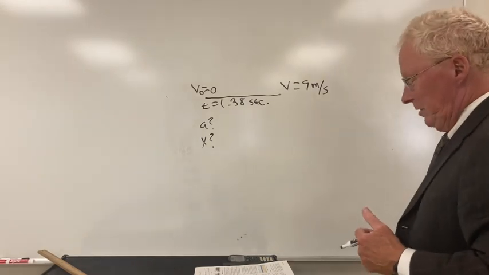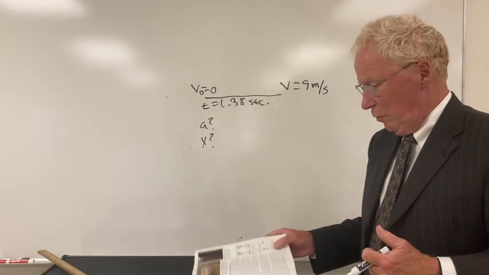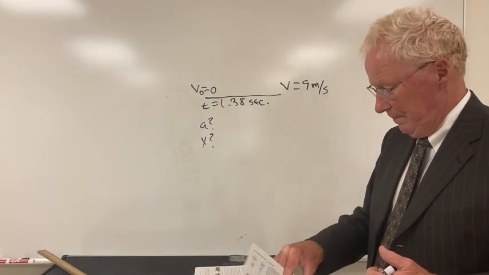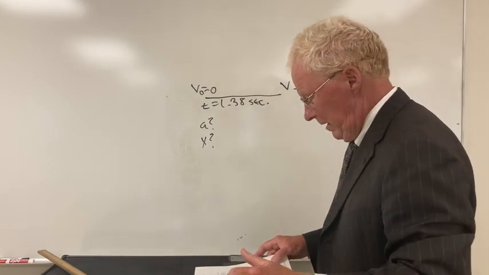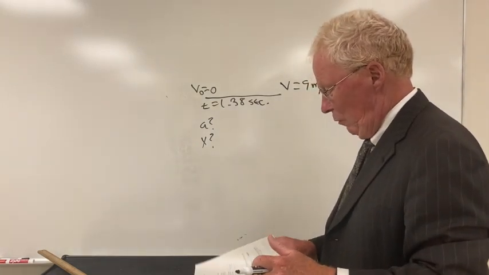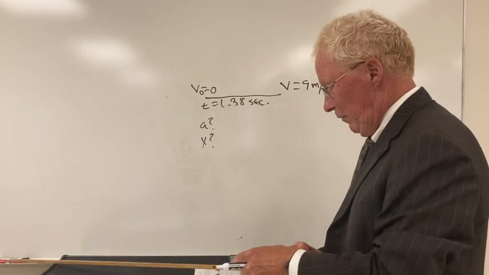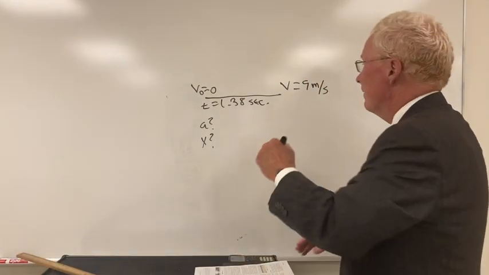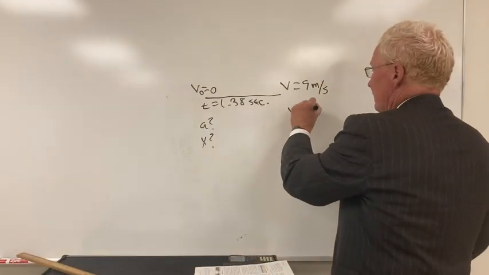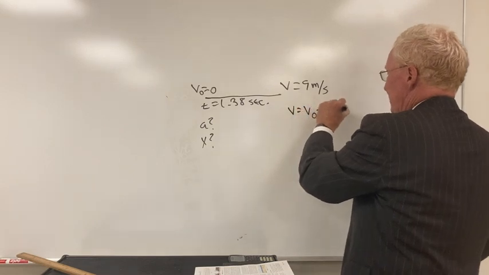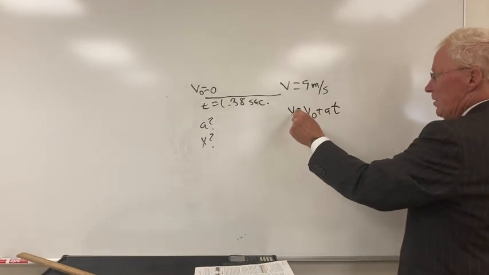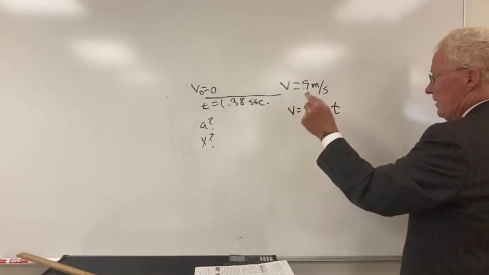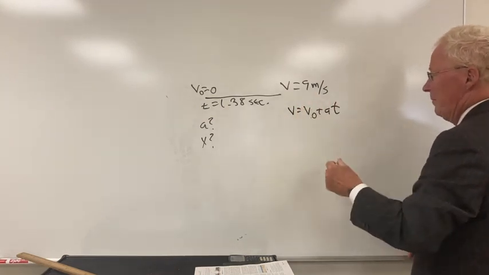Well, the first question, we'll go back to our equations of motion, and what we're going to use is the first one. V is V naught plus A times T. All right, because in this case, we're given the initial velocity, final velocity, and the time.